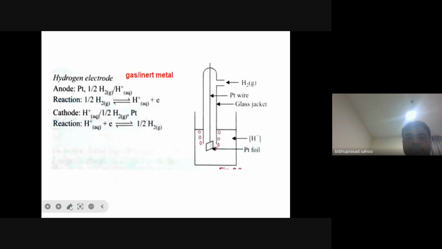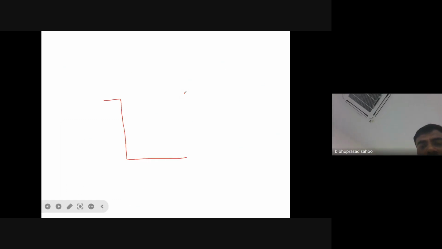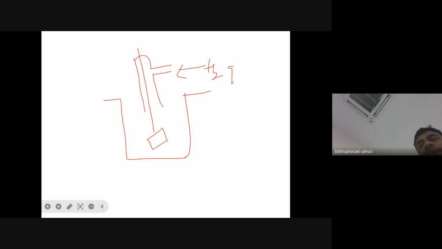So glass electrode is such an electrode. See here, suppose you will take this is your hydrogen gas at 1 atm pressure.